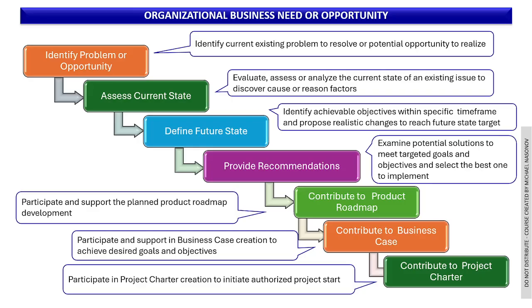Define future state: identify achievable objectives within a specific time frame and propose realistic changes to reach the future state target. Provide recommendation: examine potential solutions to meet targeted goals and objectives and select the best one to implement.